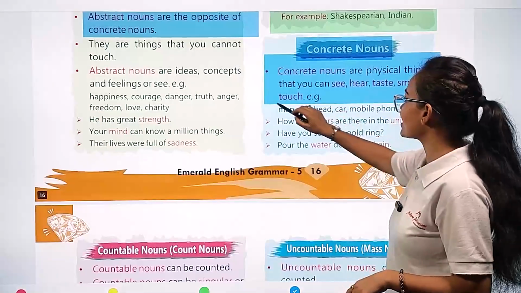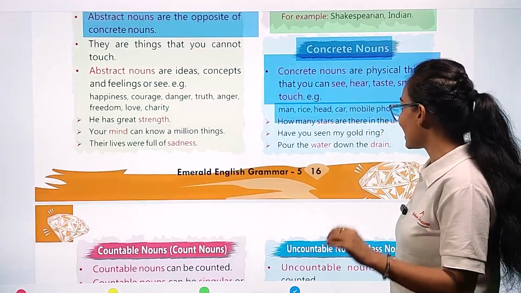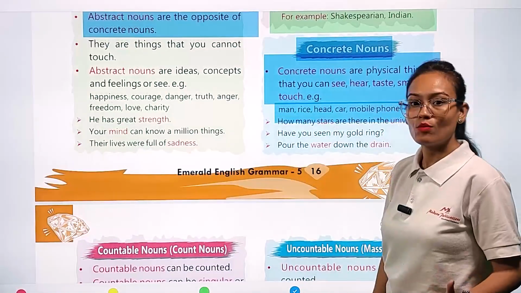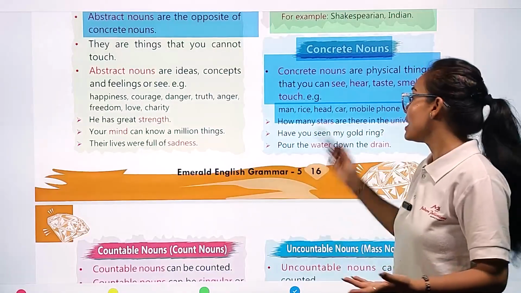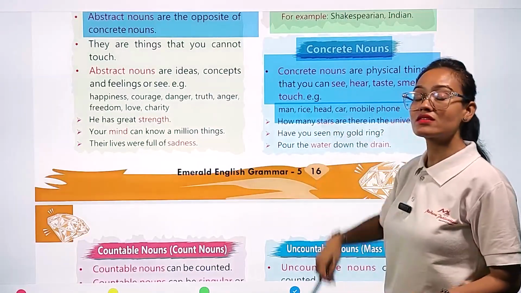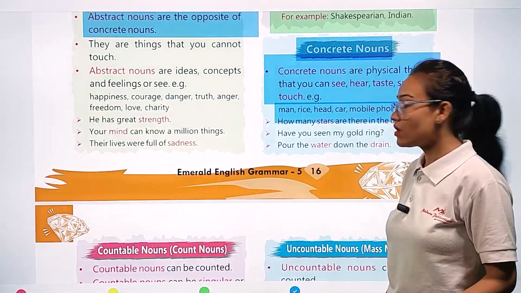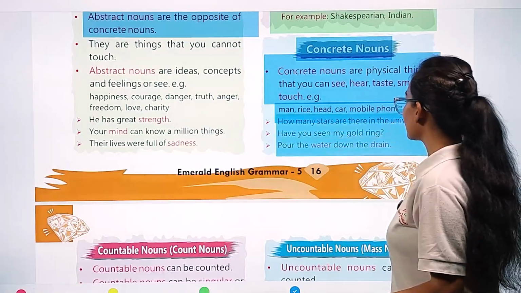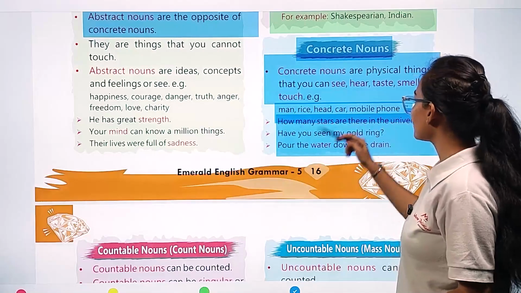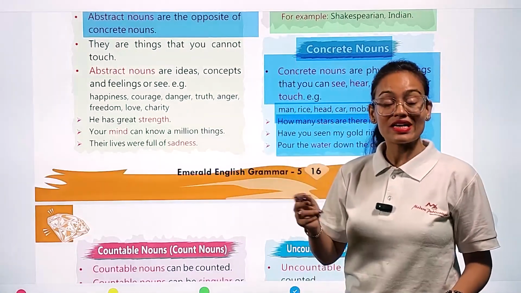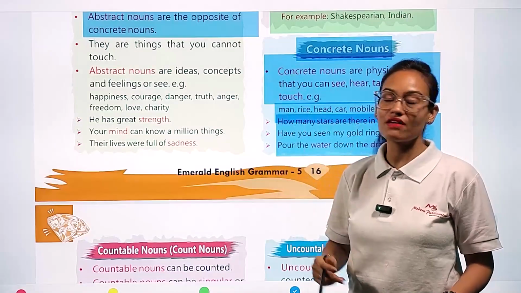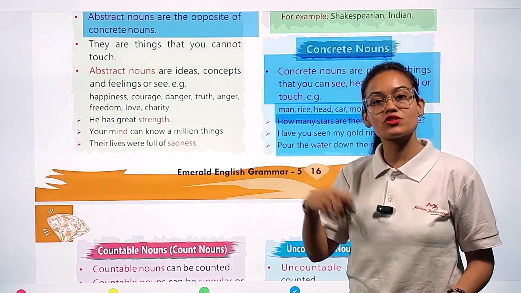For example, you can see man, rice, head, car, mobile phone. Man, we can see man. Rice, we can eat. We can taste rice. Head, car, mobile, all these things we can see. Now more examples. How many stars are there in the universe? We can see a star with our own naked eye. If a star is present, it means the universe is also present.